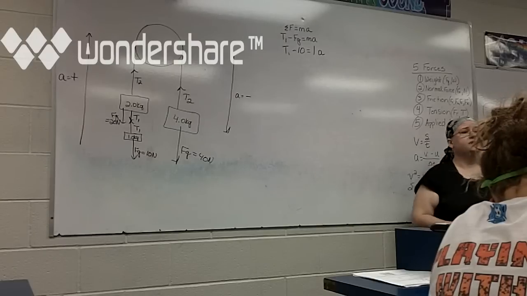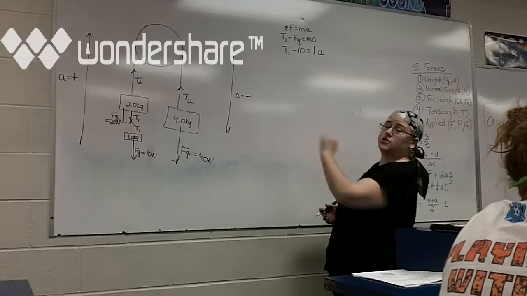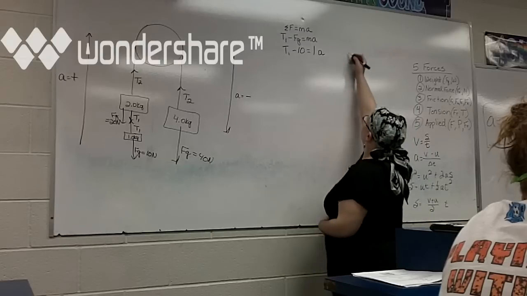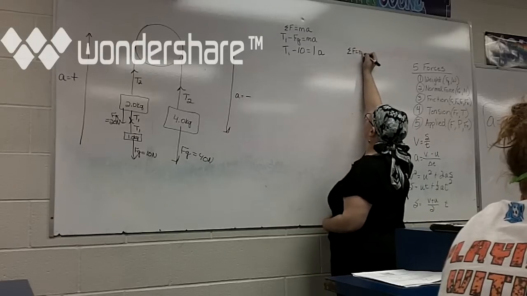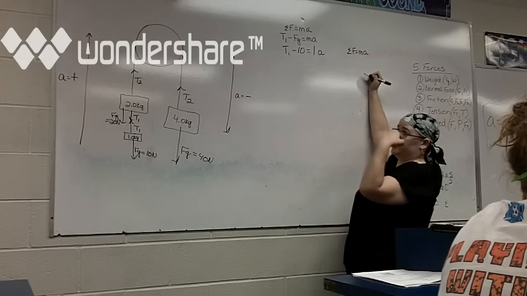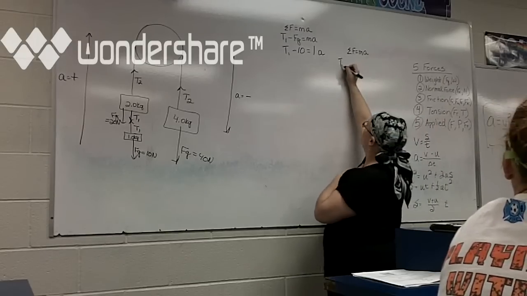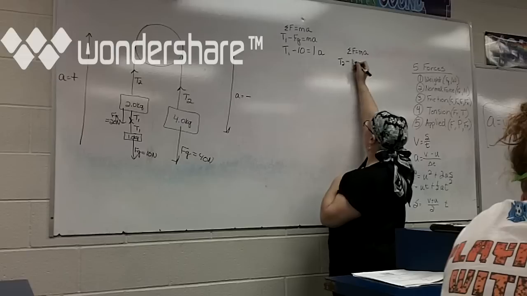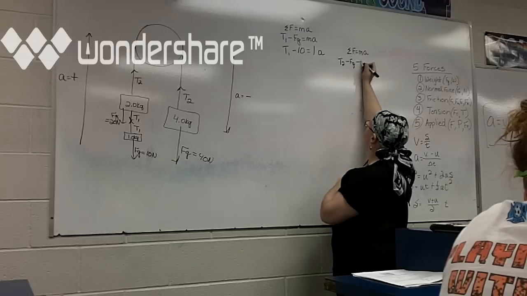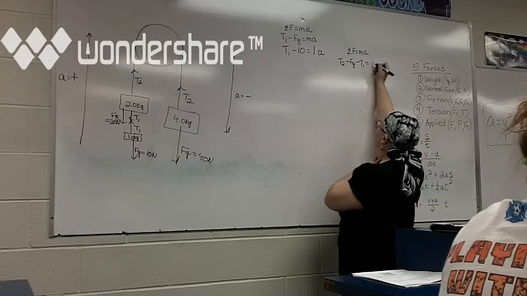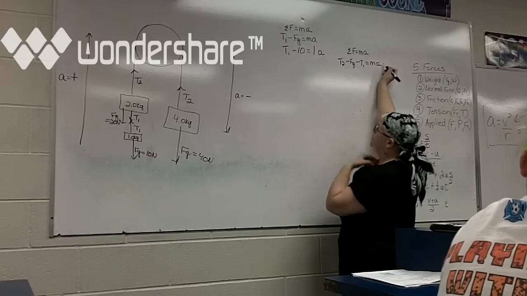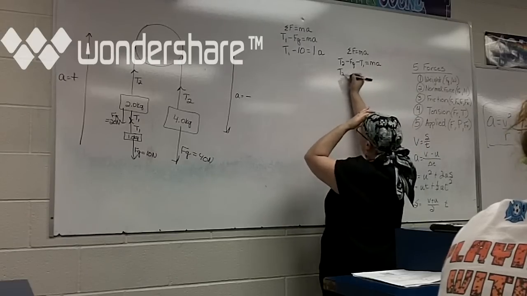Let's look at the second object, second mass. That would be this 2 kilogram mass. We sum its forces equal to mass times acceleration because its acceleration is in a positive direction, right? So upward we have T2, downward we have the weight of the object, and T1, and that's equal to its mass times acceleration. So let's plug in what we know.